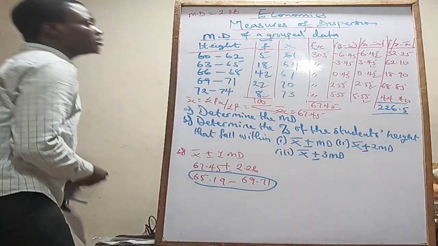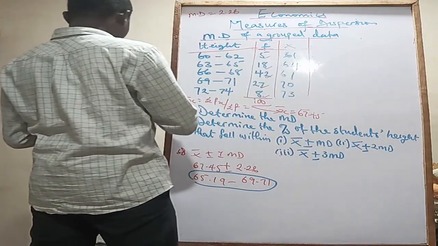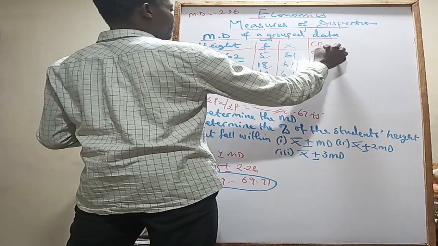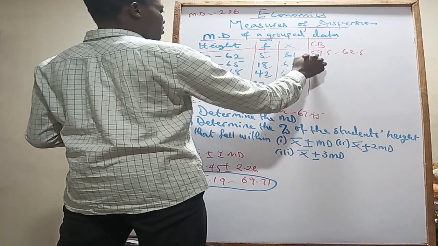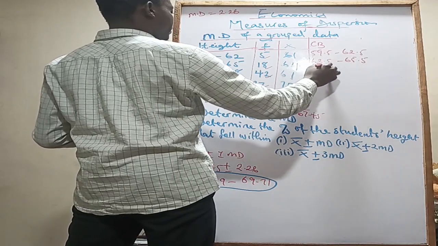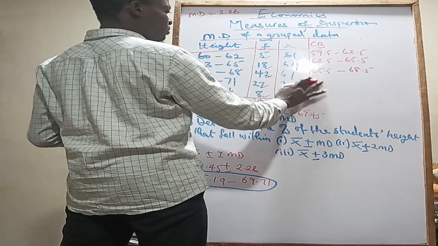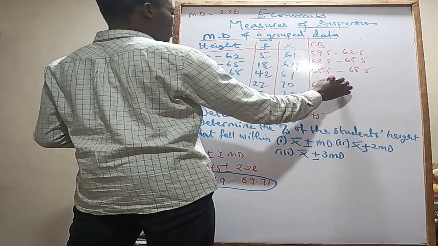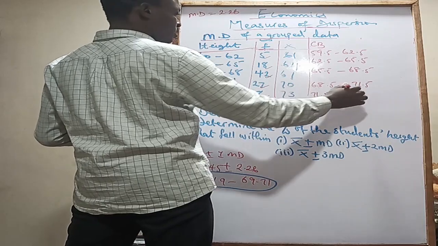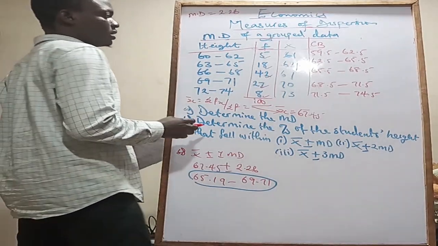Since we are done with all of these parts, our CB: 59.5 to 62.5, 62.5 to 65.5, 65.5 to 68.5, then 68.5 to 71.5, 71.5 to 74.5. So where are we going to find 65.19 in this boundary?